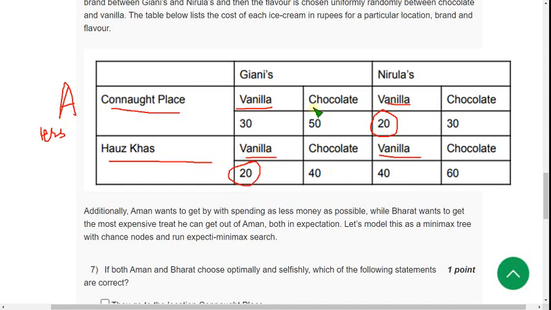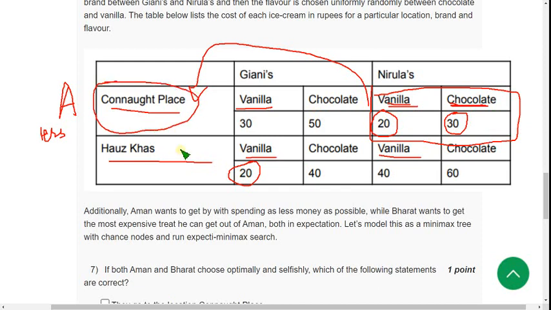And let's see the chocolate. Where is the least price in chocolate? 30. 30 is the least price in chocolate. So both vanilla and chocolate are least here, that means at Connaught Place.